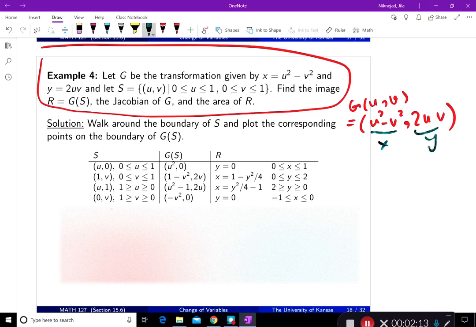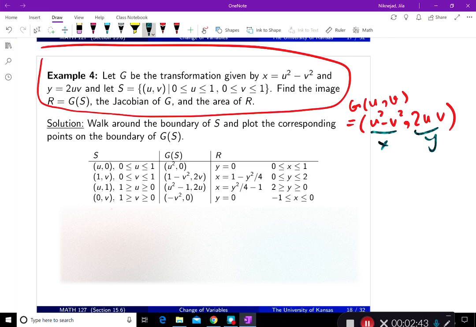Now let's try to see how each point in the boundary is going to be affected. Each point in the boundary of S, where does it go under G? We have to have some plan when we're discussing the boundaries, because there are so many of them. So the plan is to start from the lower boundary down here.